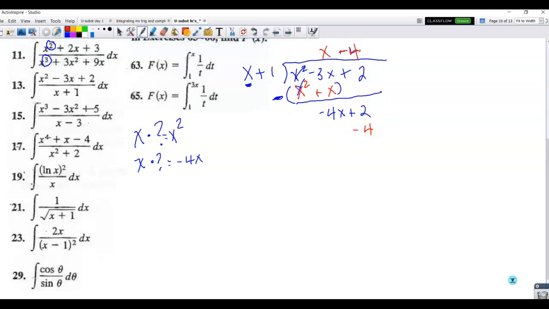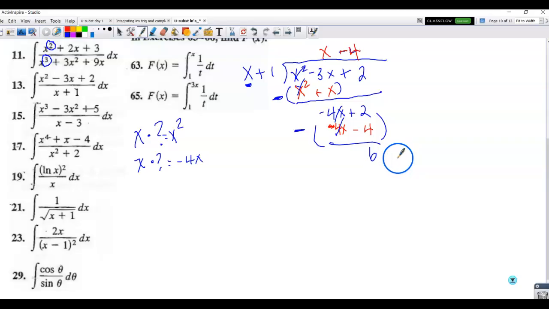I'm getting ready to sneeze, so I paused the video just in time to sneeze. Negative 4 times x is negative 4x. Here's the danger zone. You've got to subtract the whole thing. And that looks like a similarity symbol, but it's minus. So negative 4x minus negative 4x knock each other out. 2 minus negative 4 is 6.